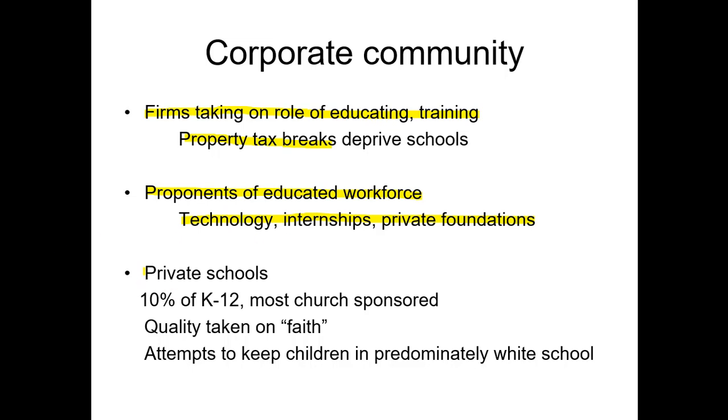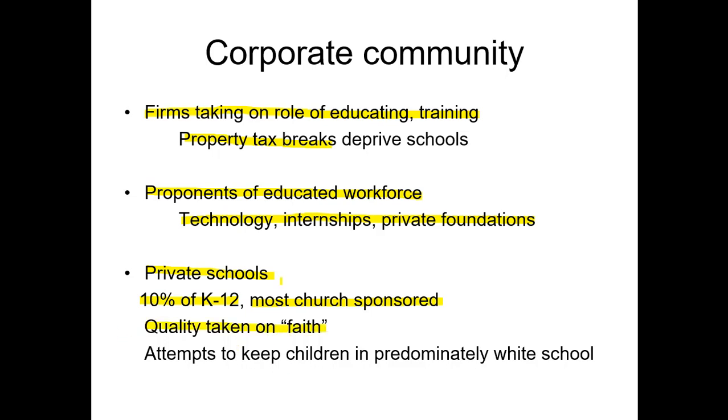Now, about 10% of K through 12 schools are private schools, but being church sponsored means that they're also teaching religious doctrine in those schools, which could take precedence over the 3 R's. And the quality of these schools, since they are not regulated, is taken on faith.